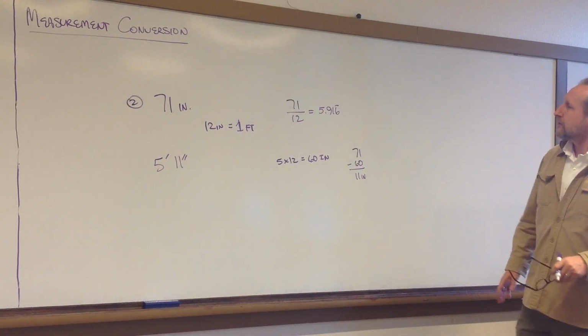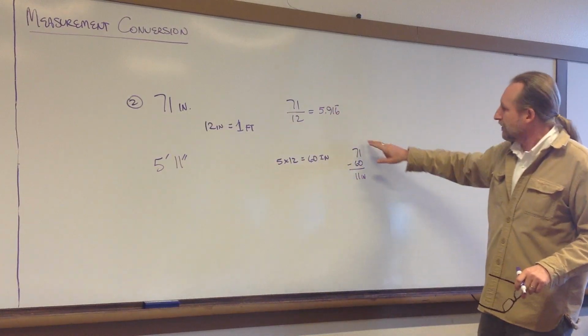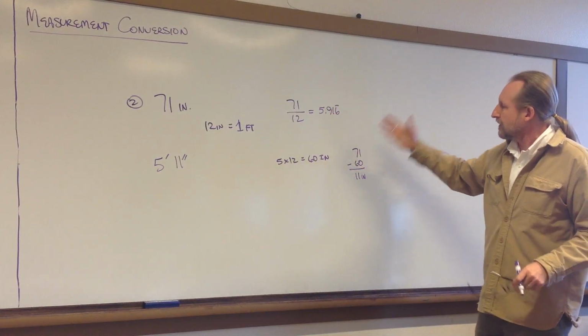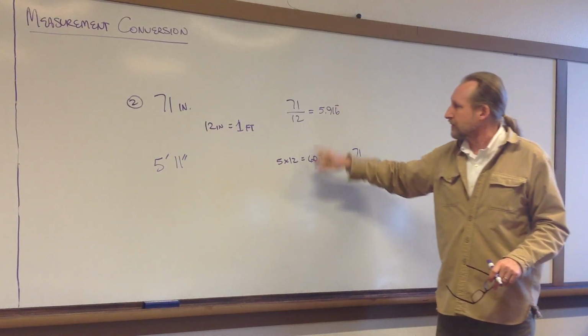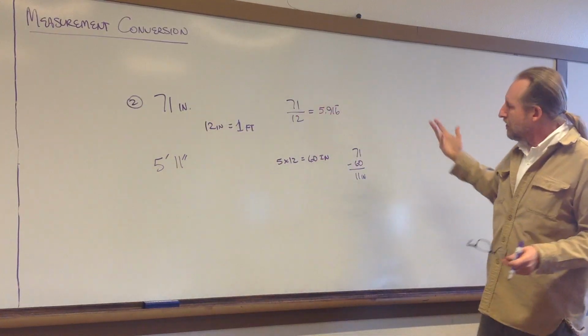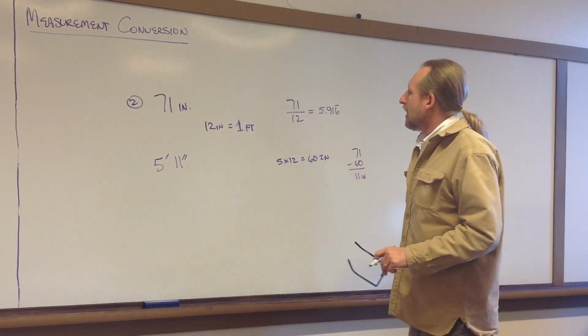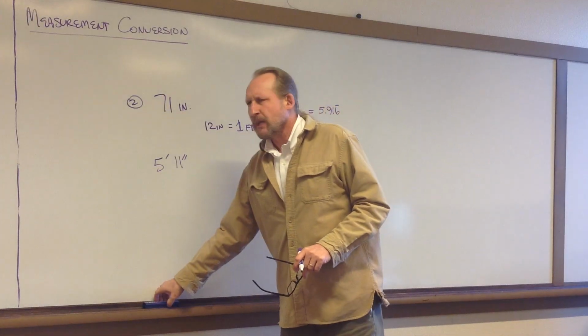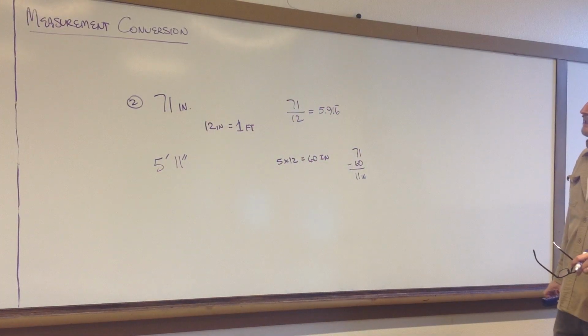Okay? And if you do these calculations in your head, this one in particular, that's fine. You don't have to actually do that subtraction. You can look at the 60 and the 71 and know that there's going to be a difference of 11 inches. But that's the process here sometimes. I think pounds and ounces frequently works like that as well.